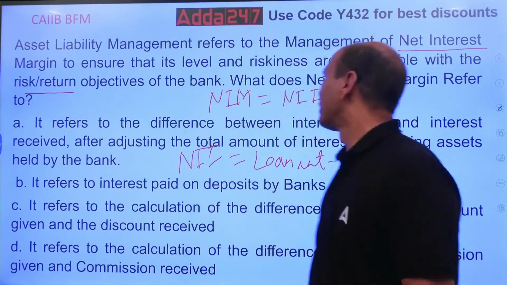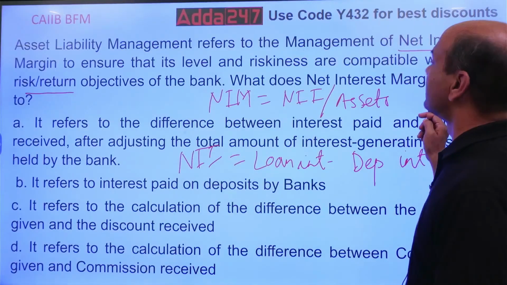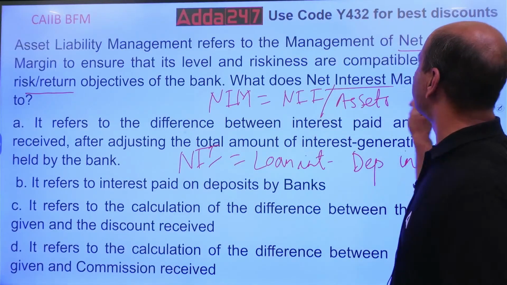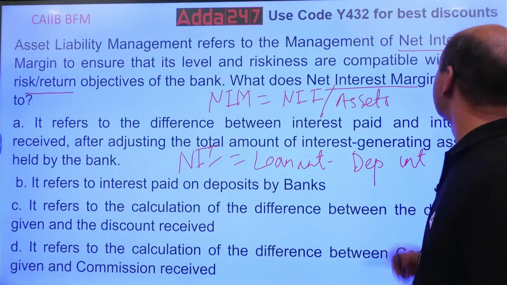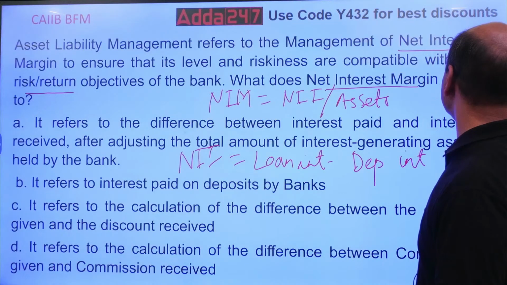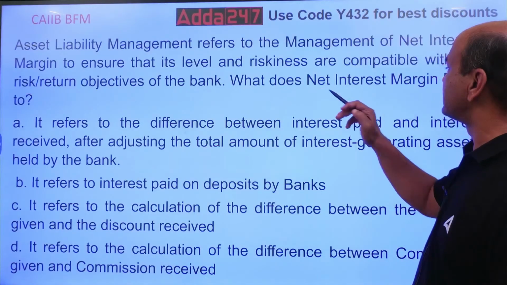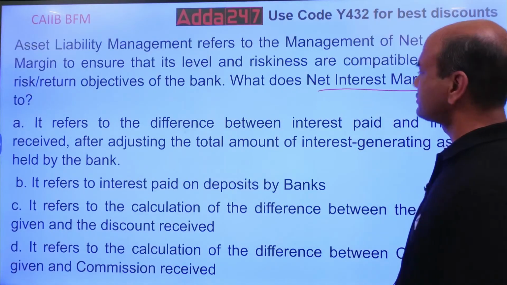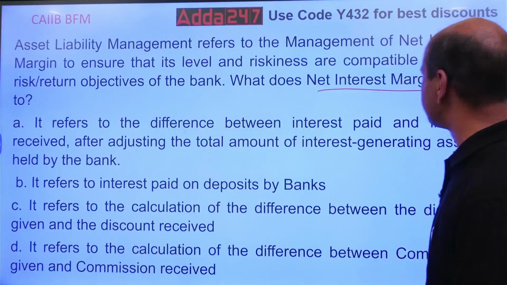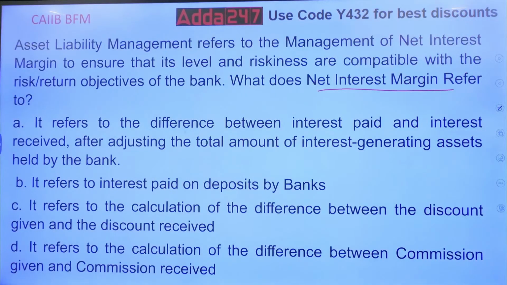So, what does NIM refer to? Okay. So now let's look at it. I'll remove all this now. You have got this. Remove it. So what does NIM refer to? It refers to the difference between the interest paid and the interest received after adjusting the total amount of interest generating assets held by the bank.